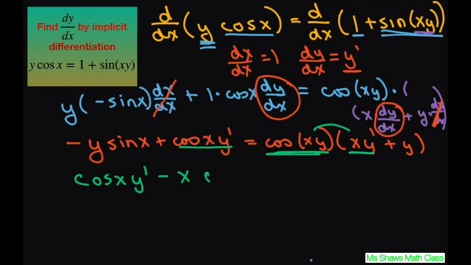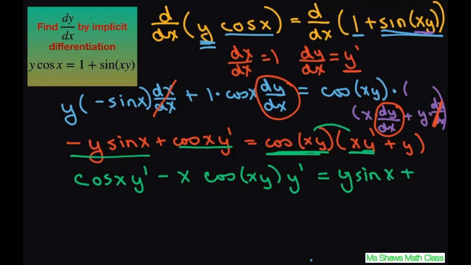And this equals, now I'm going to write my other terms, so I'm going to add this to both sides: y sine of x plus, distributing this, y cosine of xy.